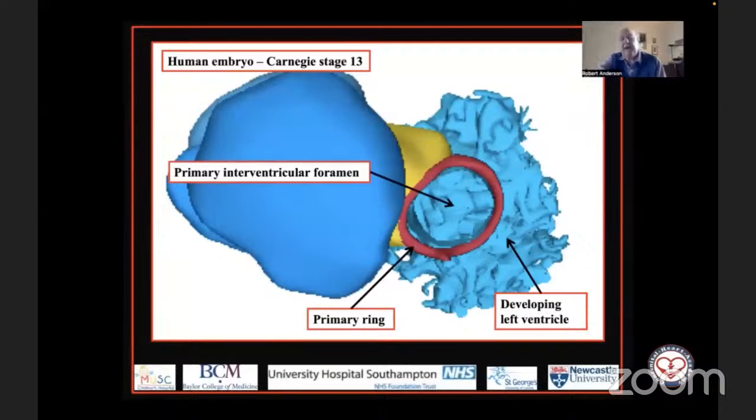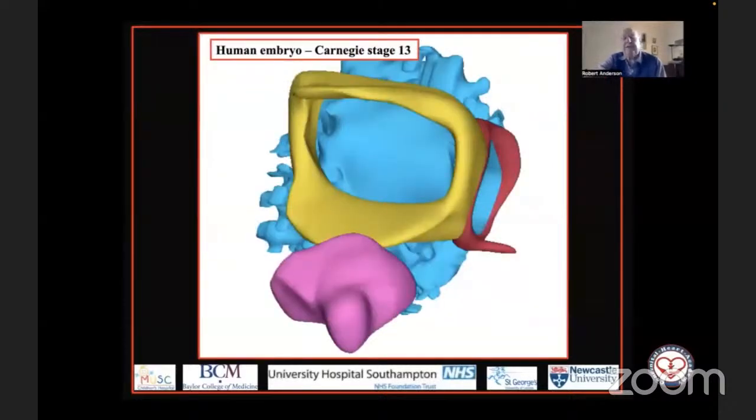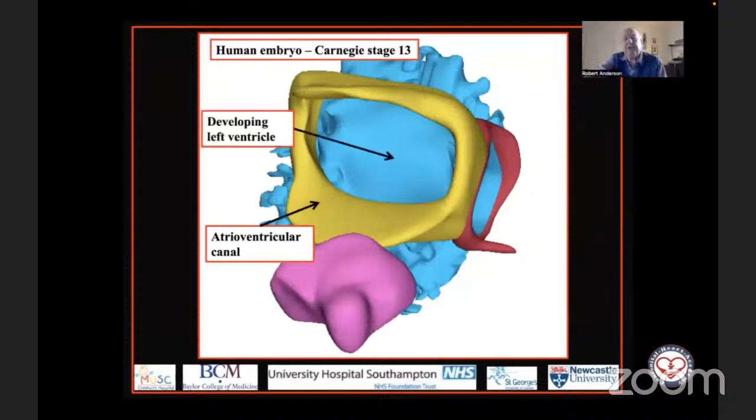We can take the same data set and we can rotate it, and we can take away the cavities of the atrial chambers. And now we can look down on the atrioventricular canal from above. And the atrioventricular canal is the yellow tissue that you see. It's surrounding the opening of the canal, which is supported exclusively by the developing left ventricle. You see at the back, Jill and Wout have also marked the vestibular spine.